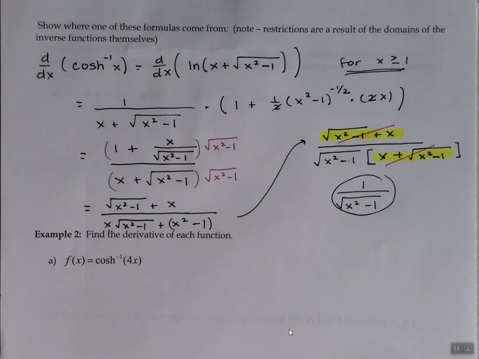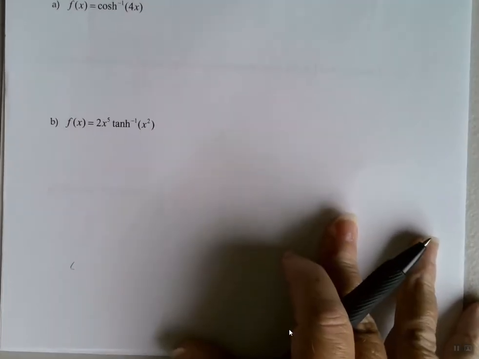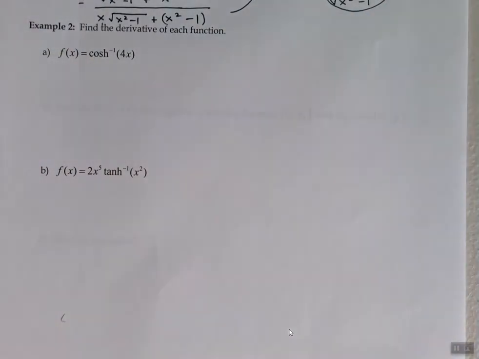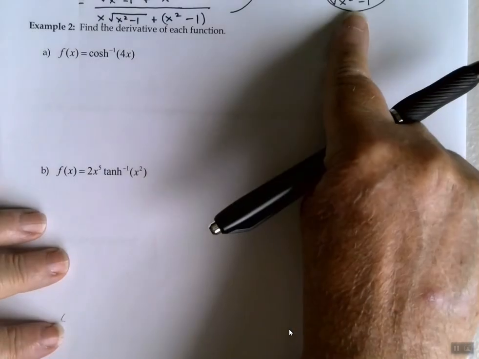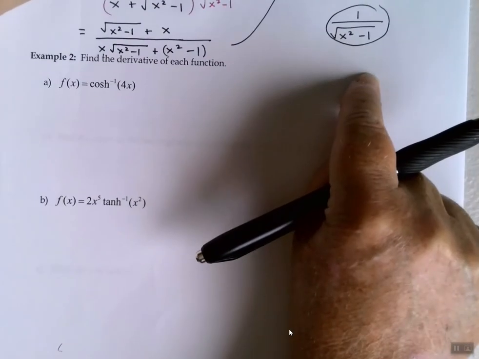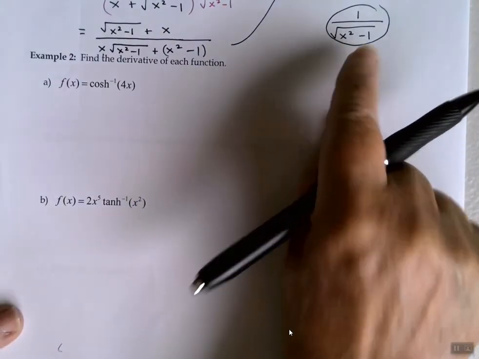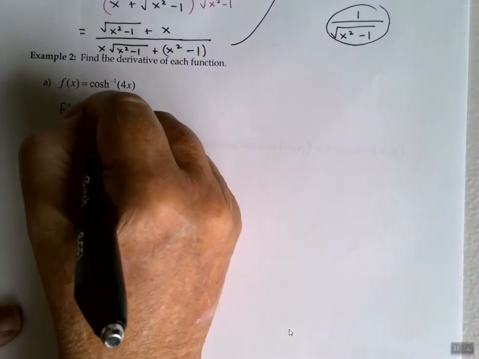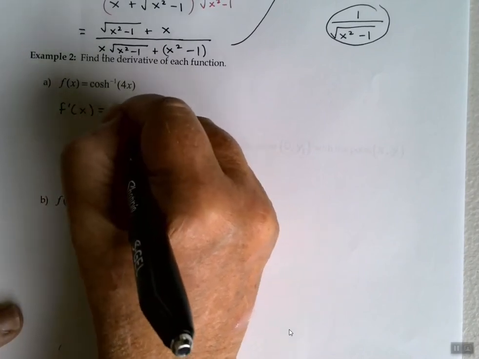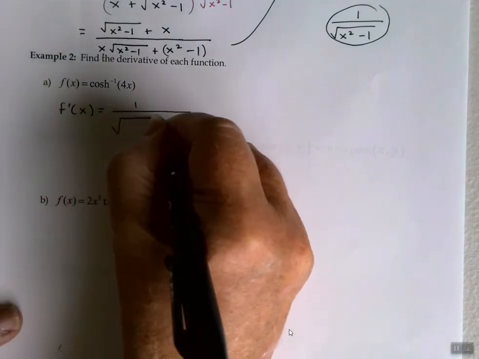So let's practice finding a couple of derivatives for some inverse hyperbolic functions. In example 2, first of all, the inverse hyperbolic cosine of 4x. If I use that formula that we just developed up here, in fact, let me just push that up a little bit, I would have f prime of x equals 1 over the square root.